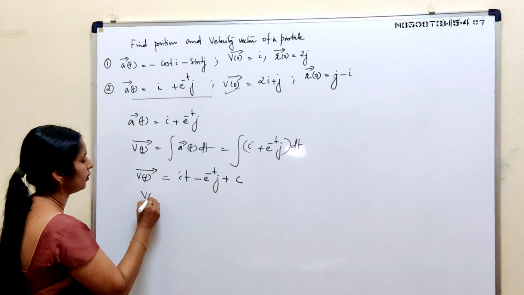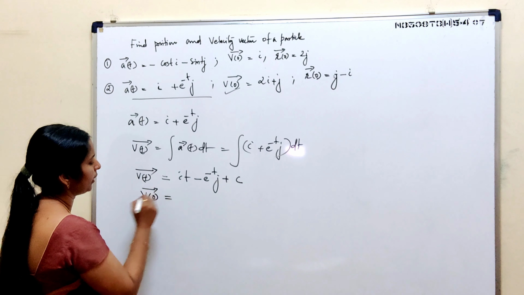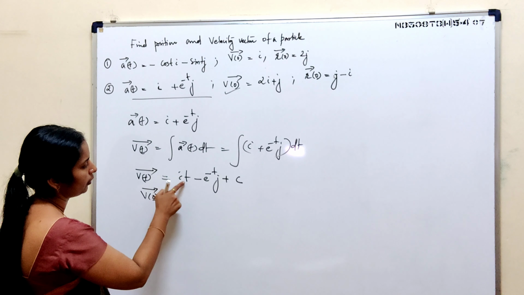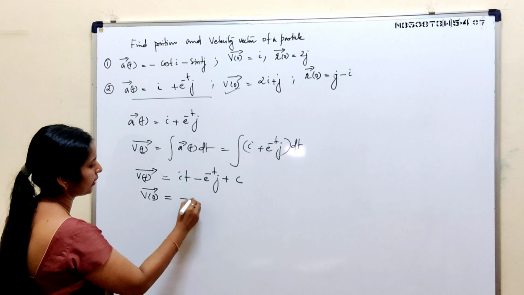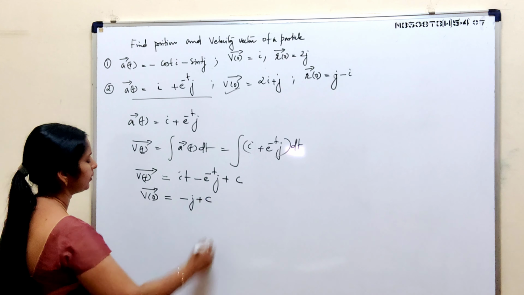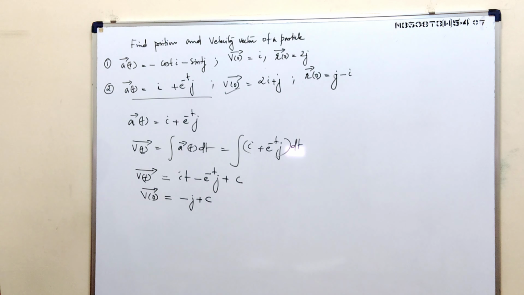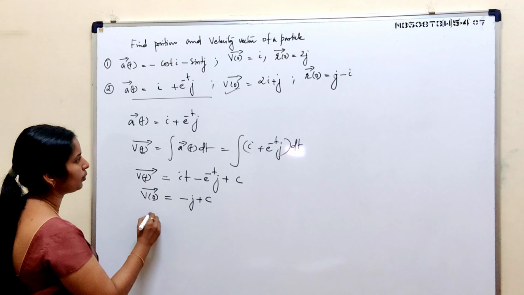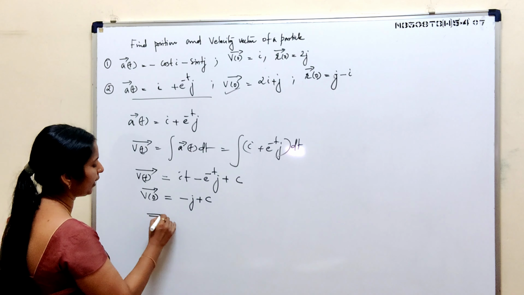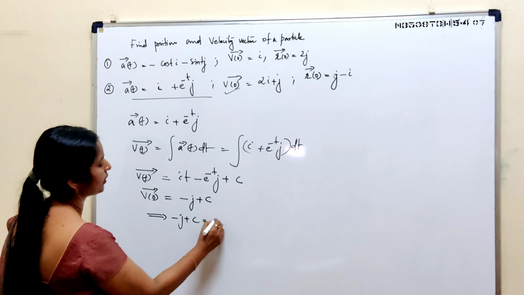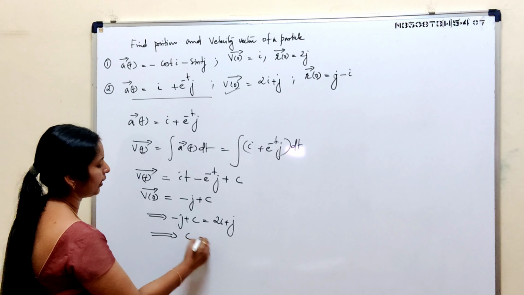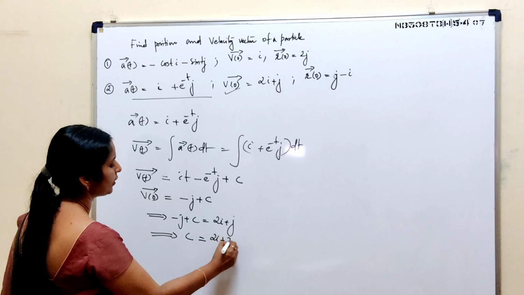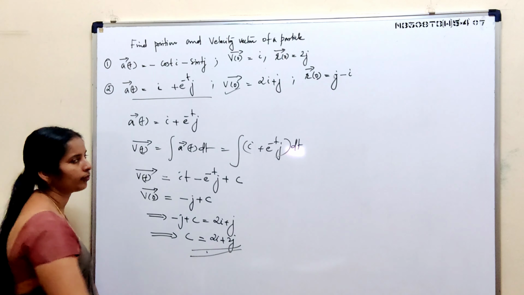Given v(0) is 2i plus j. What is v(0)? You put t equal to 0. It is 0, and e raised to 0 is 1. So, minus j plus c. Given v(0) is 2i plus j, this implies minus j plus c is 2i plus j, which implies c is 2i plus 2j.